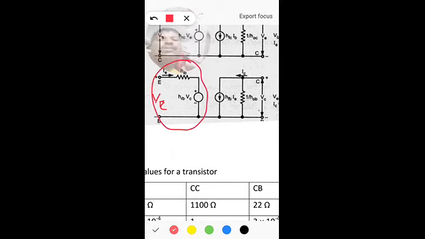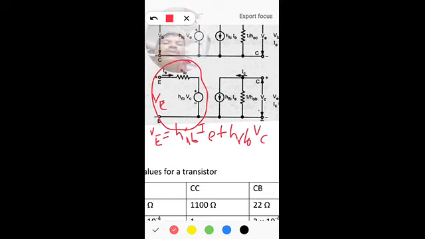Let us see this input circuit. For CB configuration, the input voltage equation VE is equal to HIB times the input current IE, plus HRB times the output voltage VC.